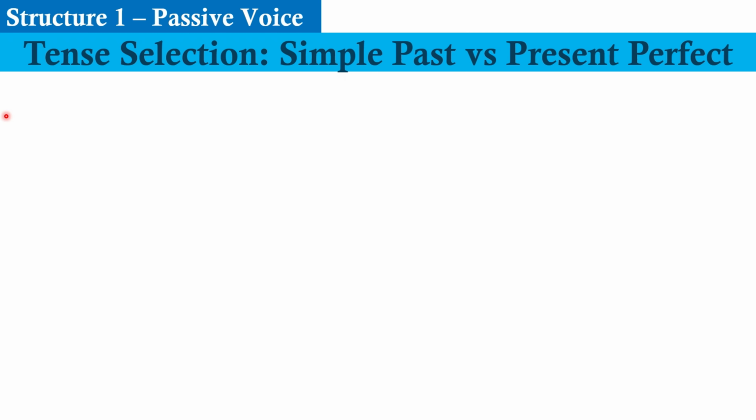Let's begin with passive voice tense selection. Most map descriptions rely heavily on passive verbs because we are usually describing what happened to places and buildings rather than who performed the action. However, many candidates make the mistake of using the same tense throughout the entire report. To demonstrate greater grammatical range, it is useful to vary your passive structures where appropriate.